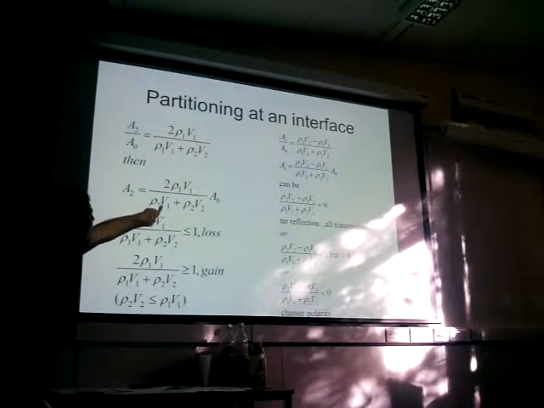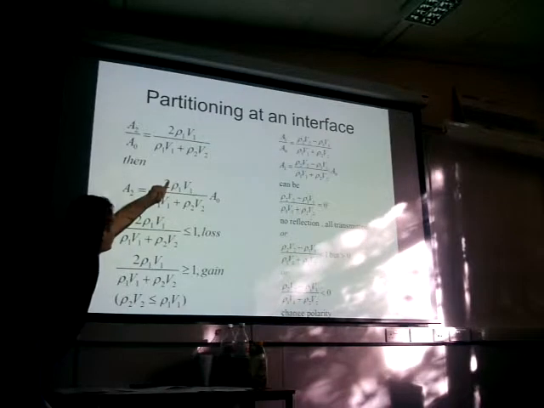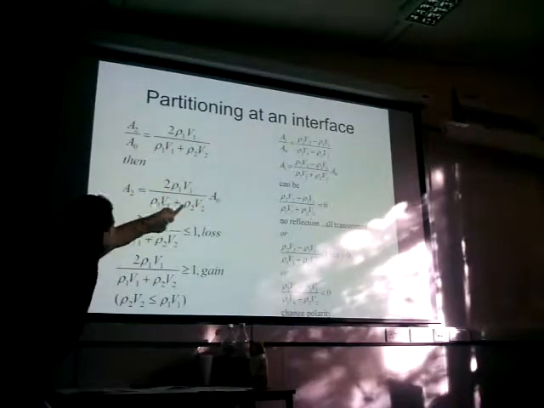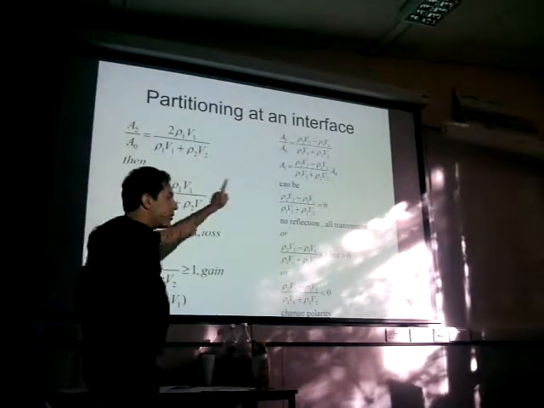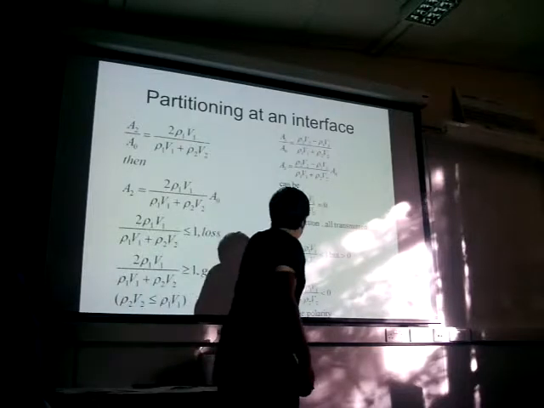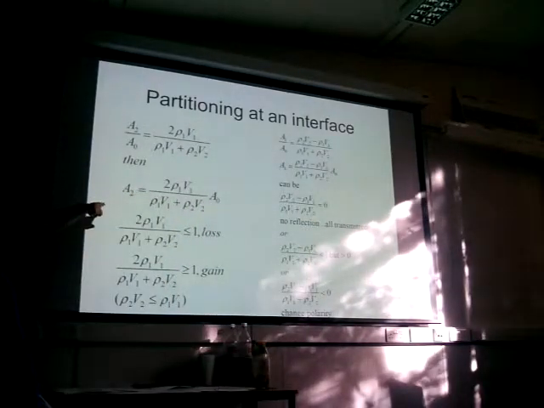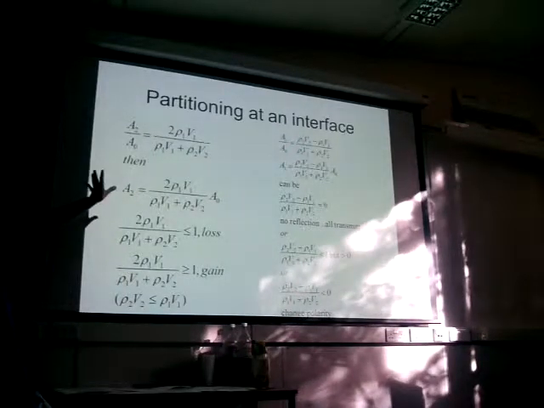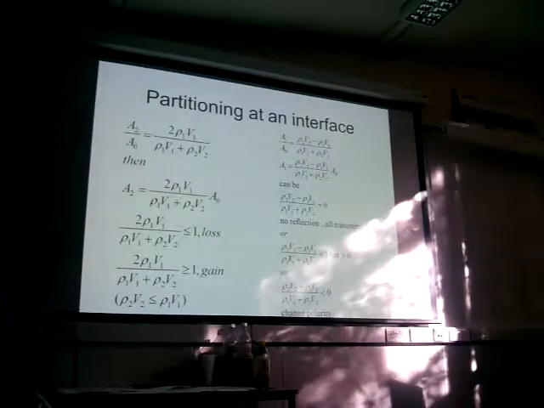Then that's only rho 1v1 plus rho 1v1, so it's 2 times rho 1v1. So that means that A2 is equal to A0. So the implication from the right to the left is that if that one is 0, I don't have any reflection, and all the energy goes into the transmission. Makes perfect sense. So now you start to understand what they really mean. You start to interpret the reflections as they should be.